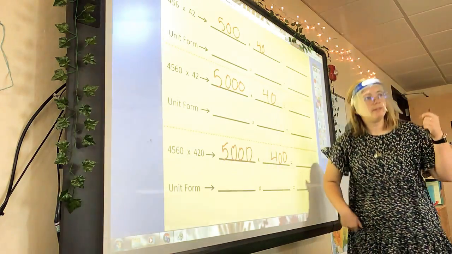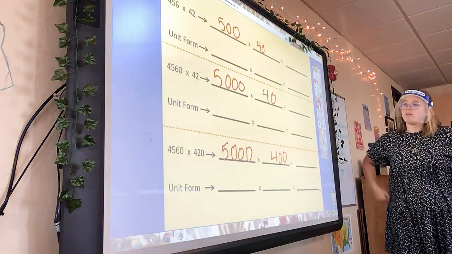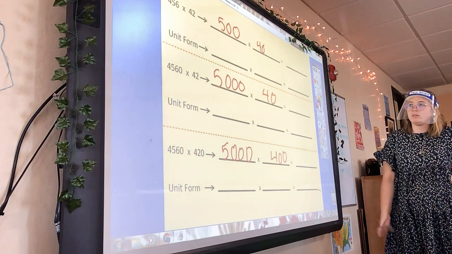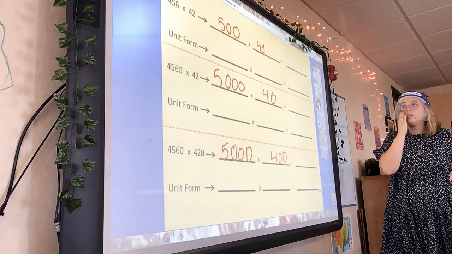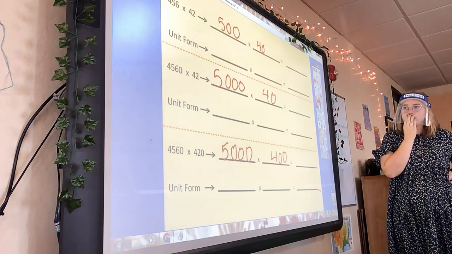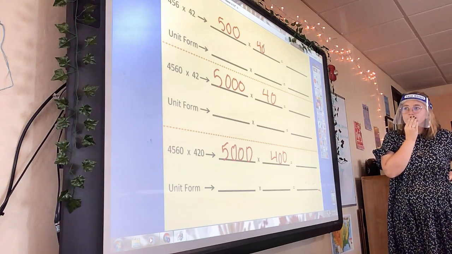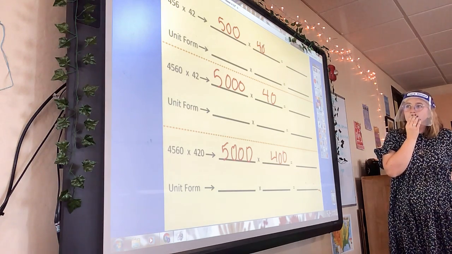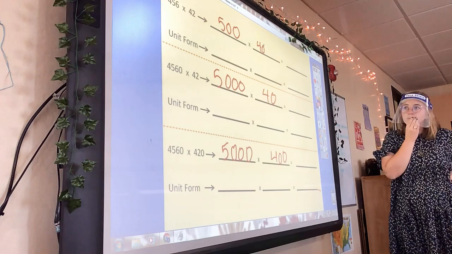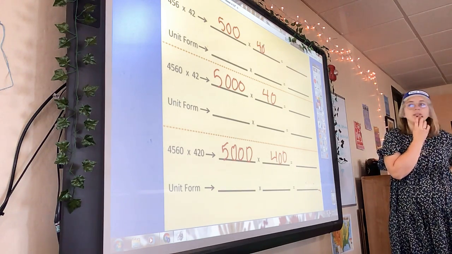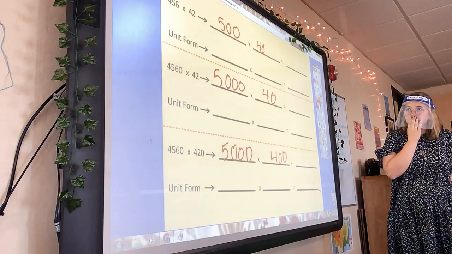So, Henry? For number 2, if you rounded to the nearest 10 on that one, it'd still be the same answer for the first one. It'd still be 4,560, and then times 40.